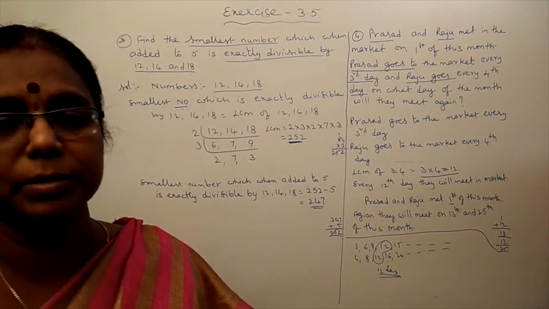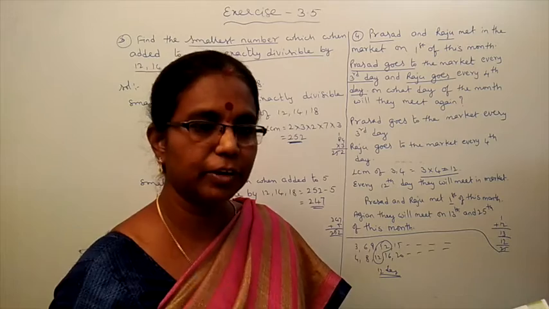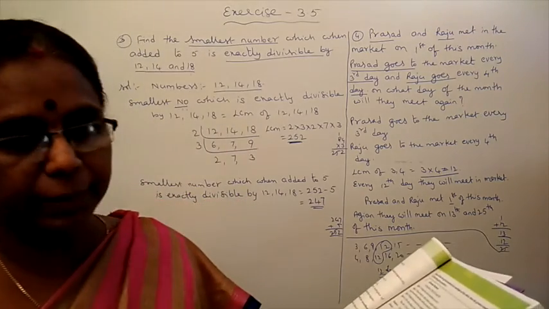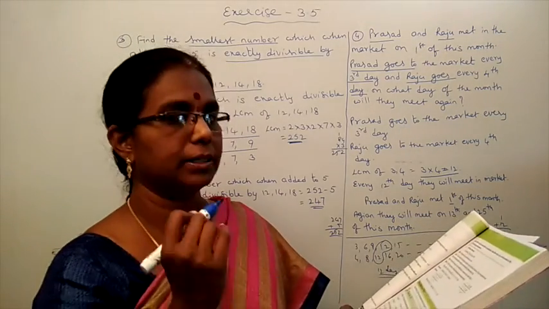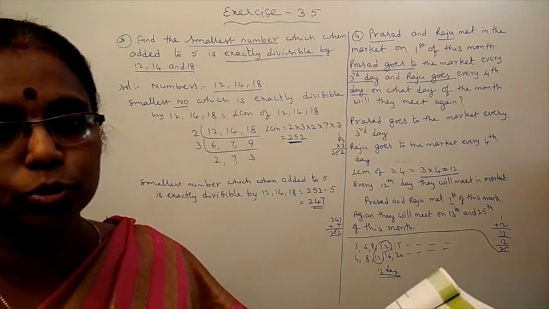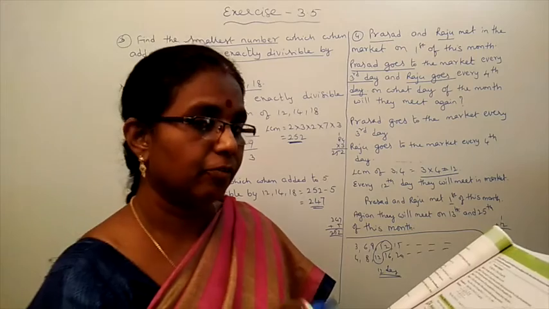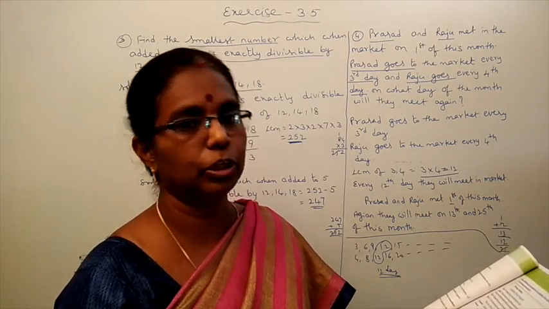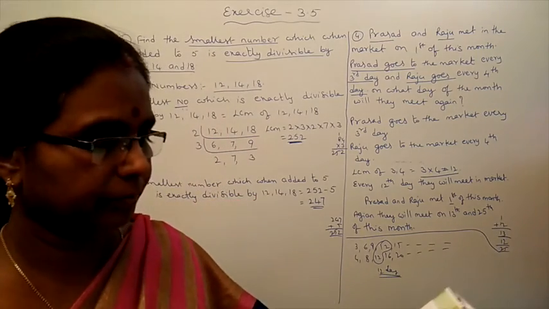Exactly means the remainder must be 0. When you measure with the 64 tape or 72 tape or 96 centimeter tape, no measurement should be left. Means how will you get that length? You have to do the LCM. This is the homework.